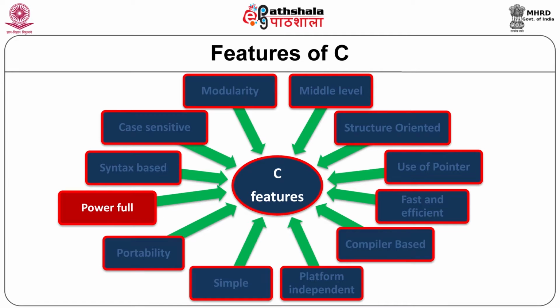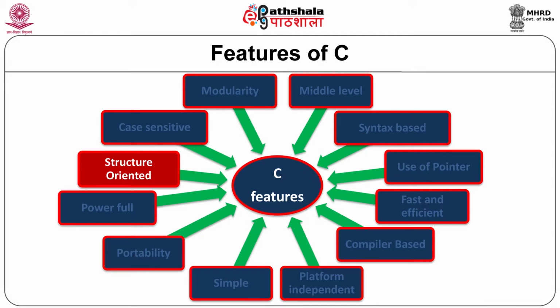Then C language is called a powerful language, because C is a very powerful language. It has a wide variety of data types, functions, control statements, decision making statements, and so on.